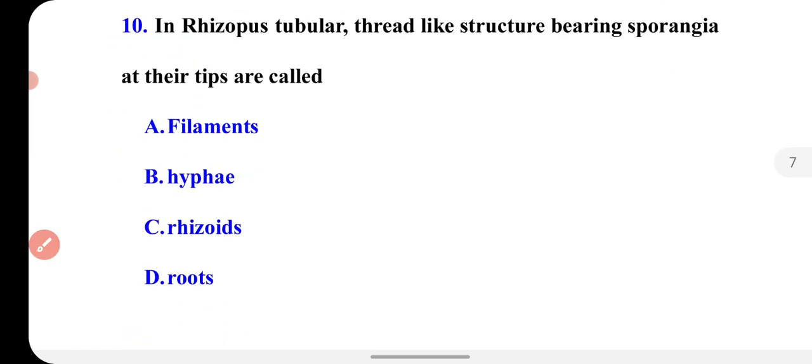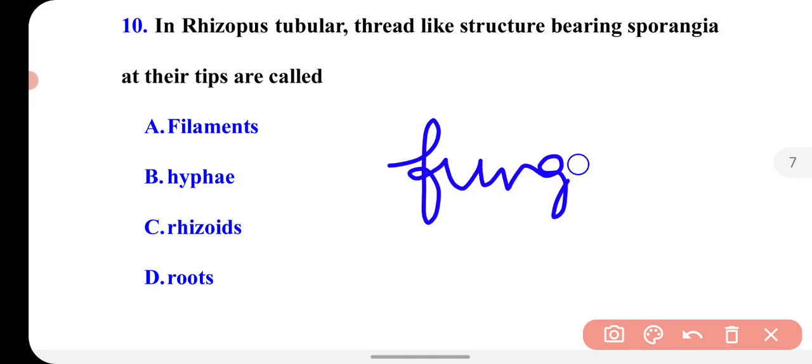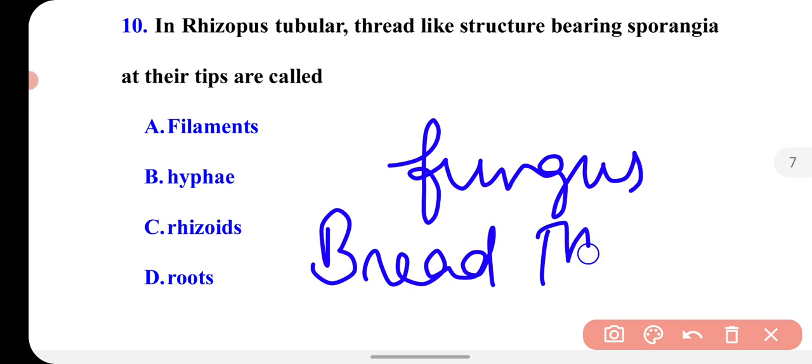Now the next question is, in Rhizopus, tubular thread-like structures bearing sporangia at their tip are called: filaments, hyphae, rhizoids, or roots. You know that Rhizopus is a kind of fungus, and it is also called bread mold.